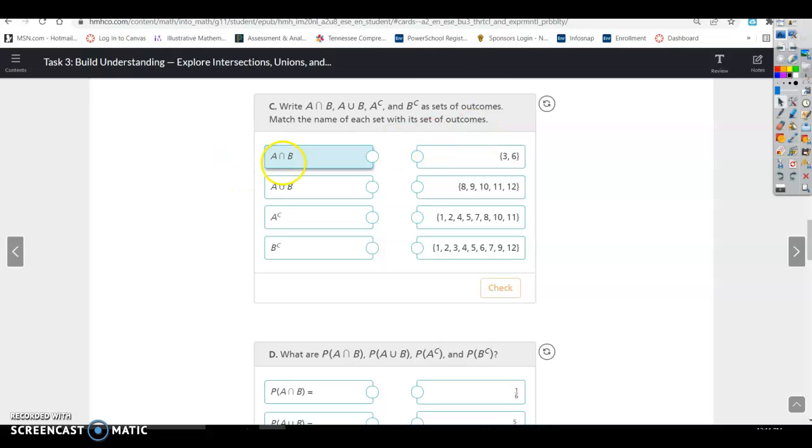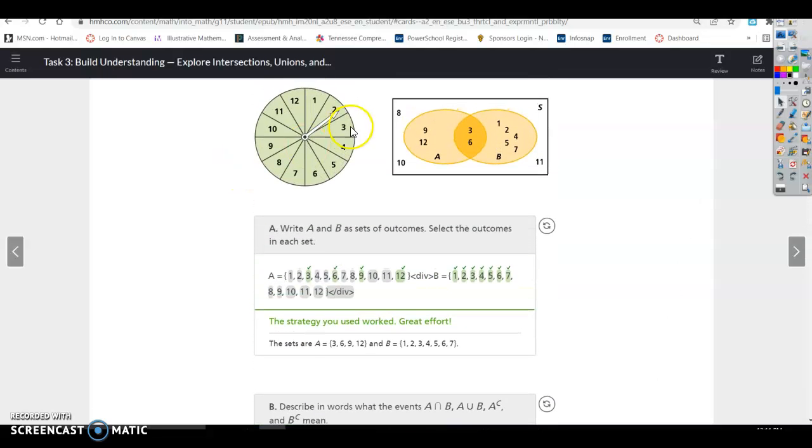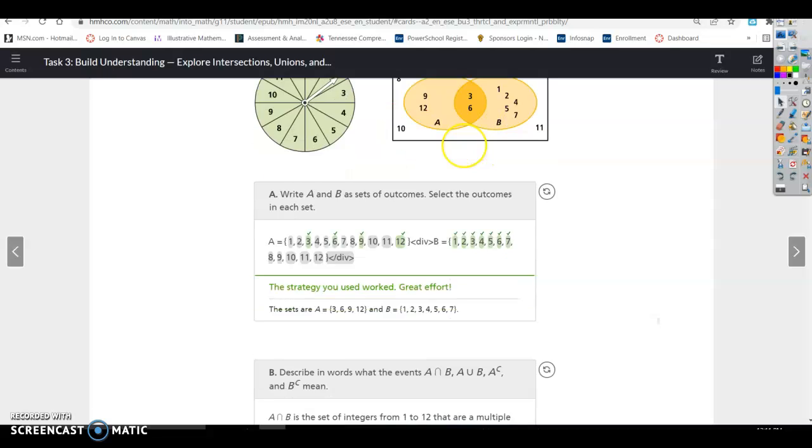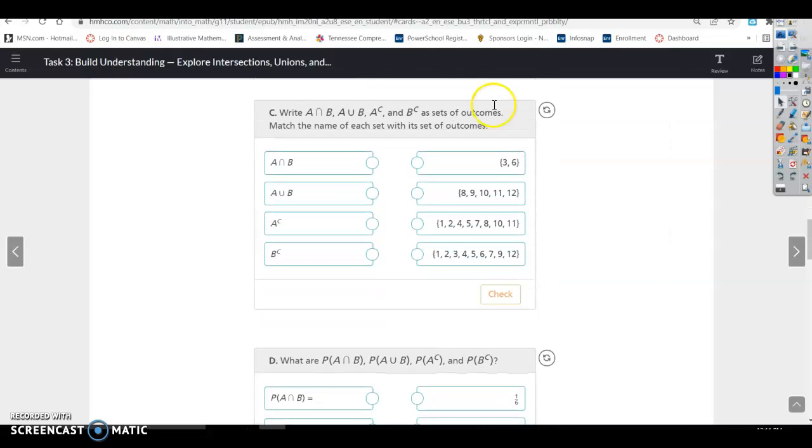All right, so A intersect B. We can see A intersect B is 3 and 6. We know that A union B is 3 and 6 plus all numbers less than 8. So that would be this set here.